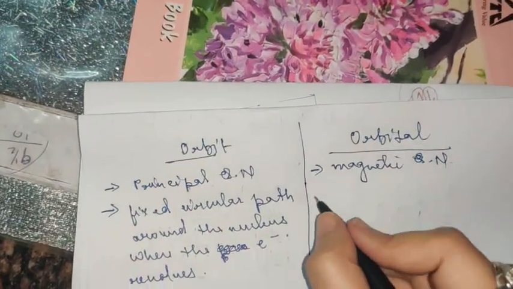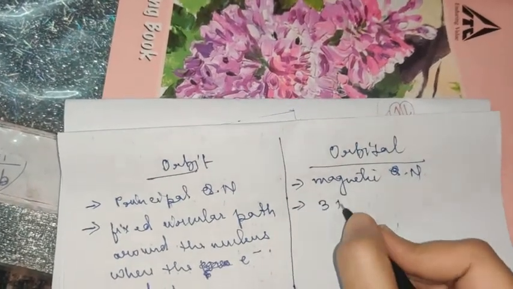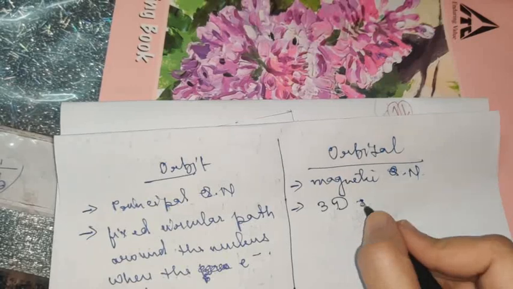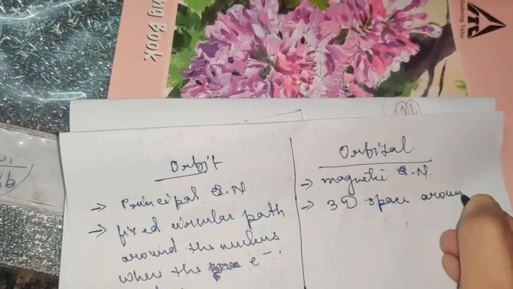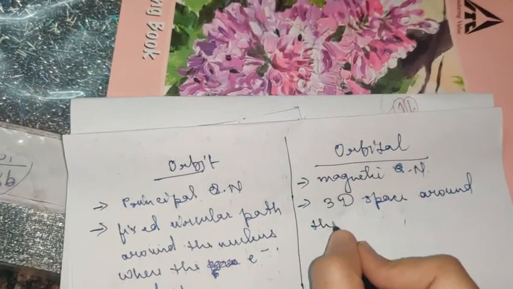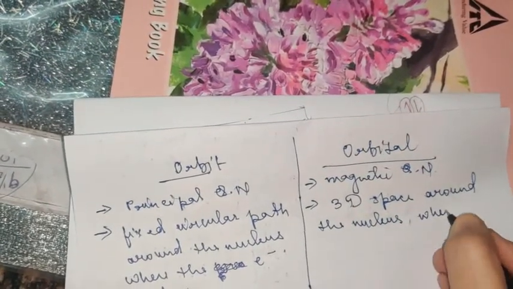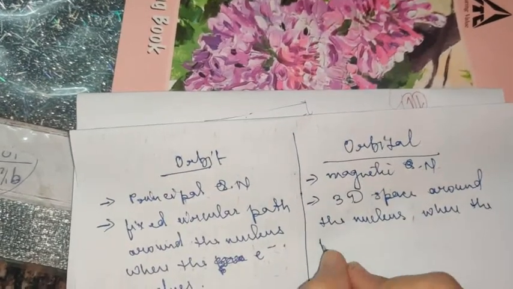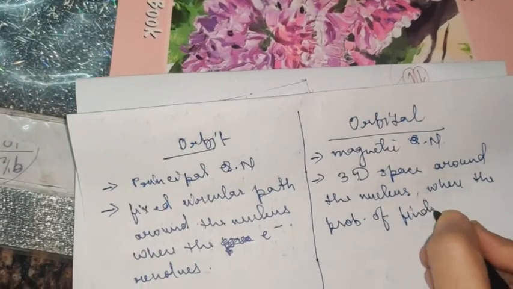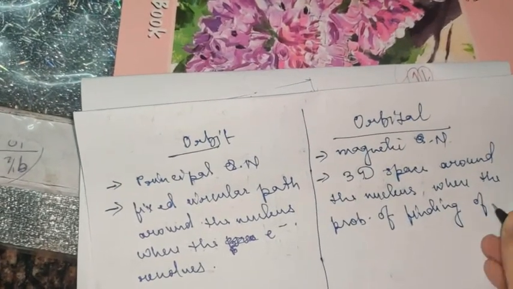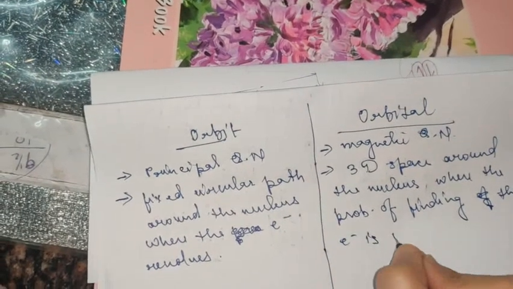And what is orbital? It is a three-dimensional space around the nucleus where the probability of finding the electron is maximum.